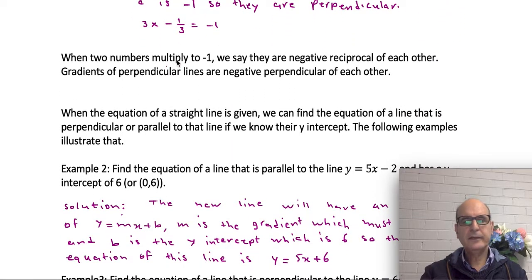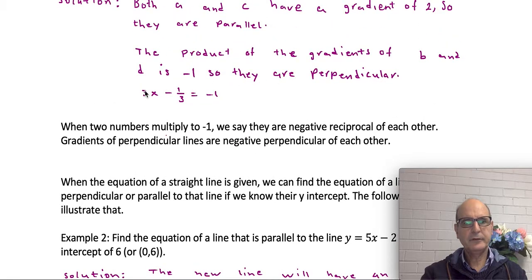There is also a term: when two numbers multiply to minus 1, we say that they are negative reciprocals of each other. So here 3 and minus 1/3 are negative reciprocals. You can see that 3 actually means 3 over 1.